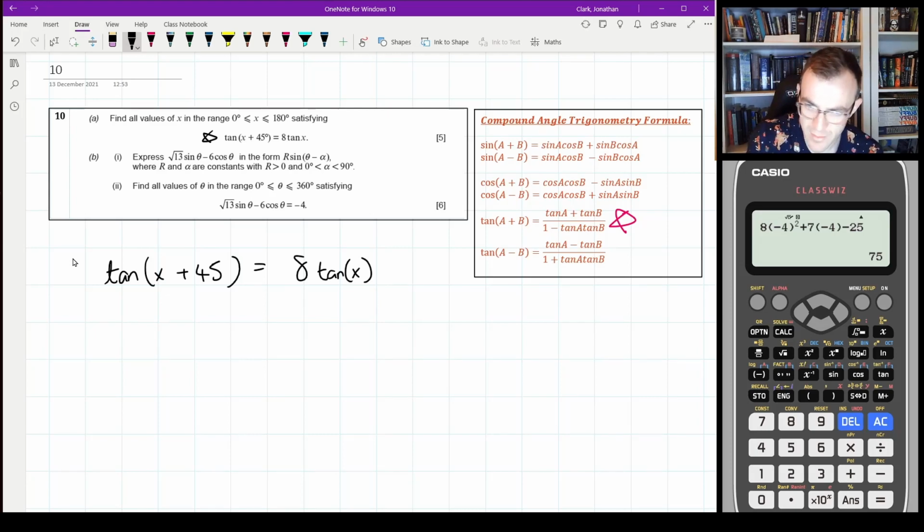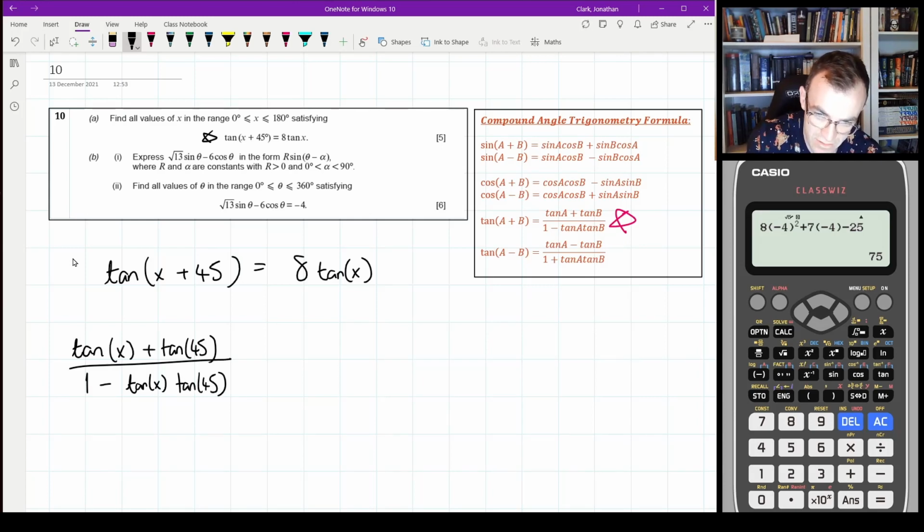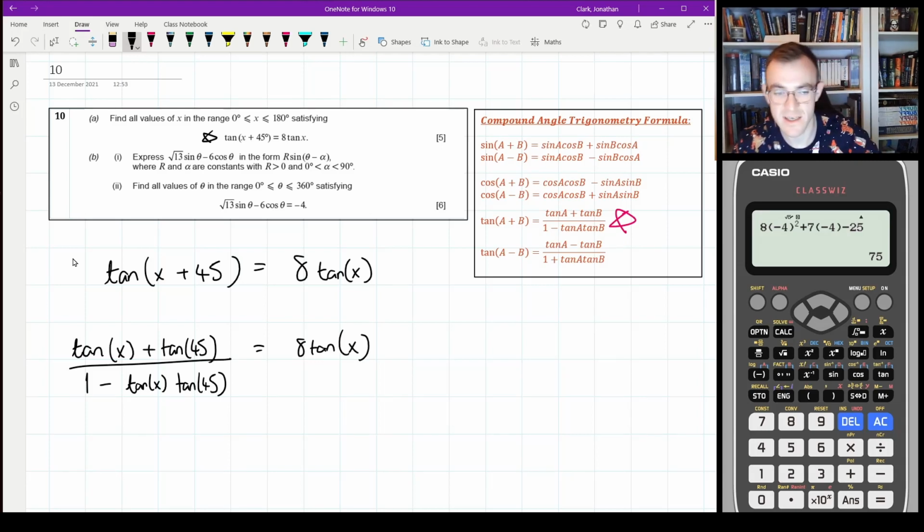Okay, so if I use the tan (A plus B) formula, it's going to be tan x plus tan 45, divided by 1 take away tan x tan 45. Right hand side stays as it is.